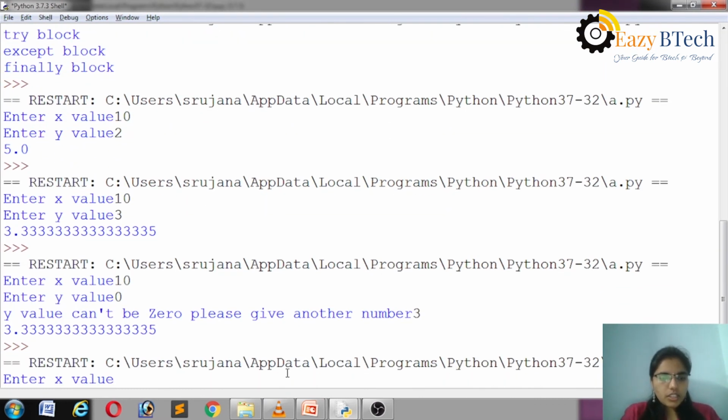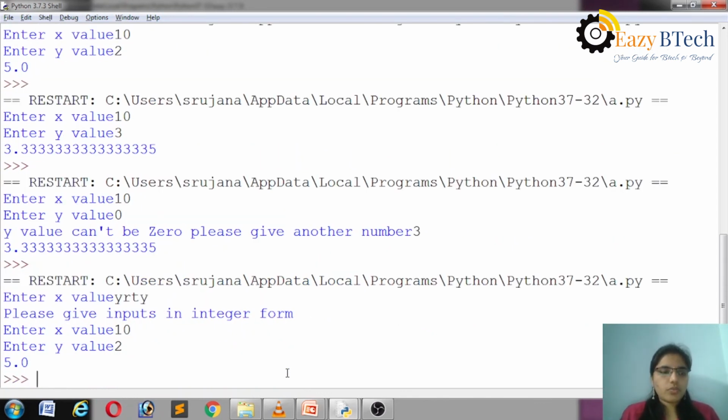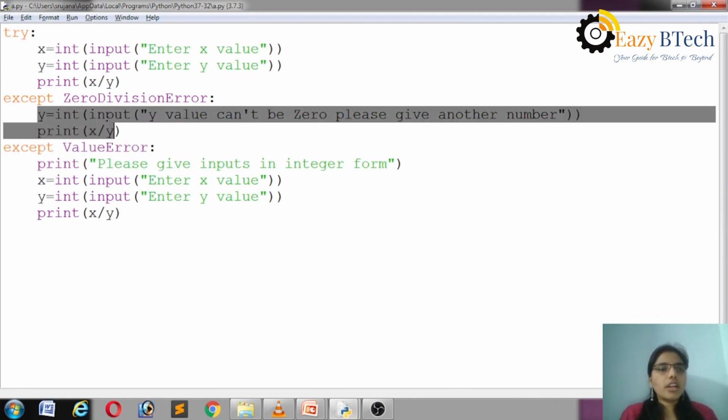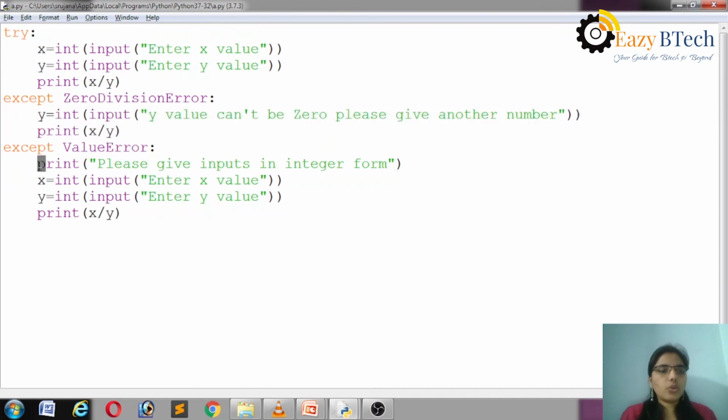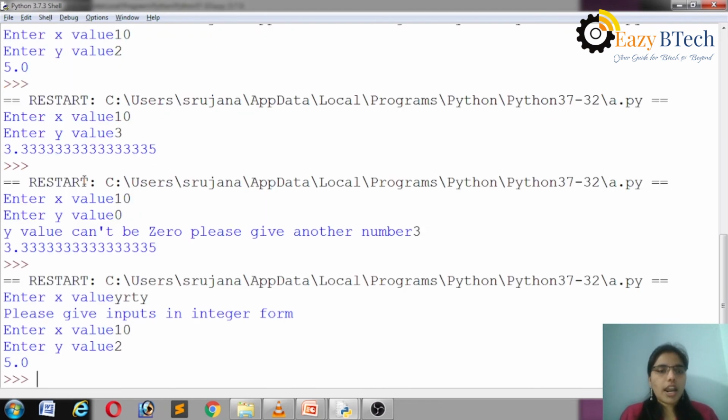For example, if I give some string input, it says please give inputs in integer form only; then 10, 2. So this is an example program for handling, where we give alternative code. That is nothing but exception handling.